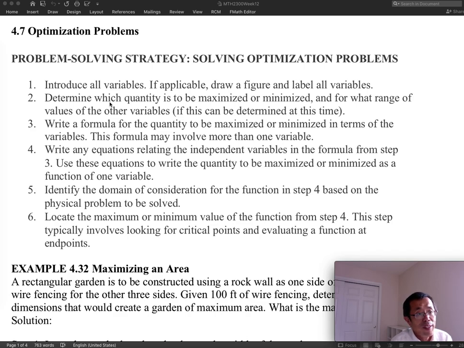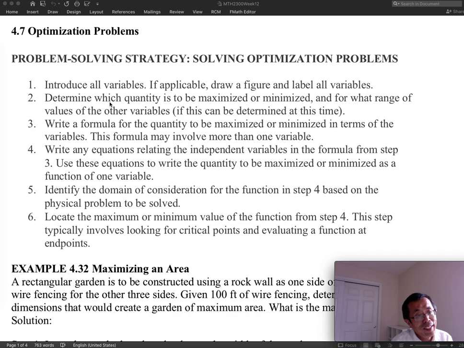Like if you run a business, I guess the optimized way to run a business is to maximize your profit. So that's a maximum. On the other side, another way to run a business successfully is to reduce the cost.